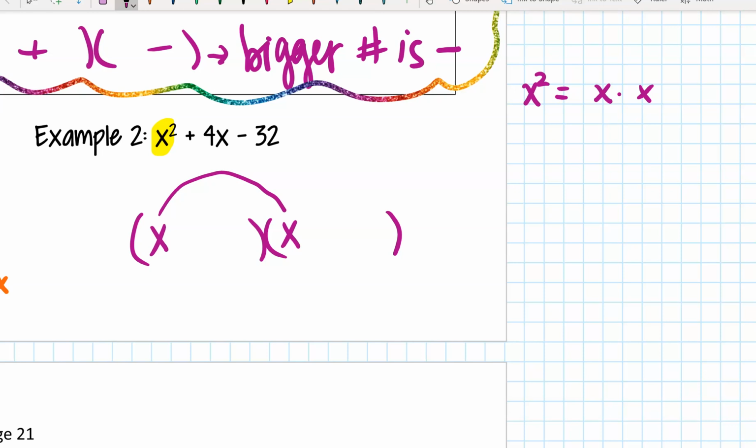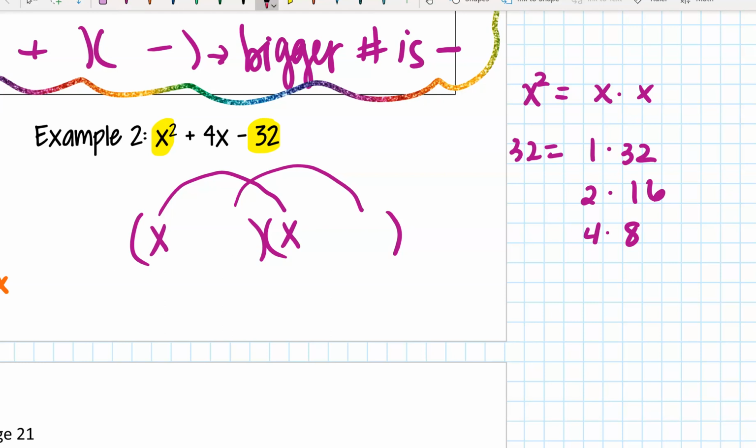So then I have 32, and we can look at factor pairs of 32. 1 times 32, 2 times 16, 4 times 8. So we have these factor pairings of 32. So when we do our last eyebrow right here, no matter what we put there, it will equal 32.